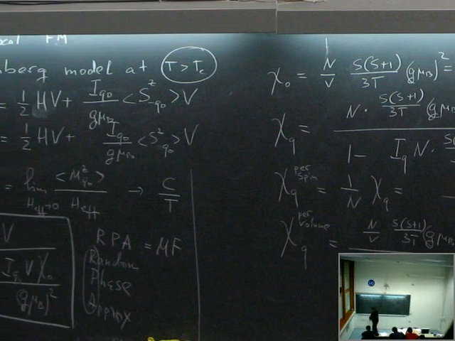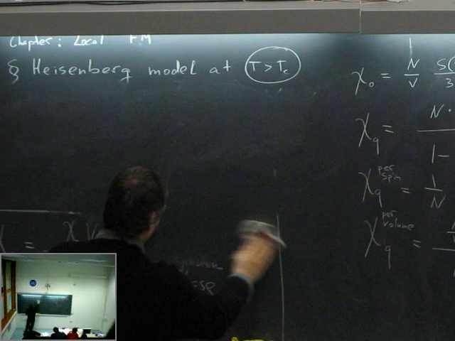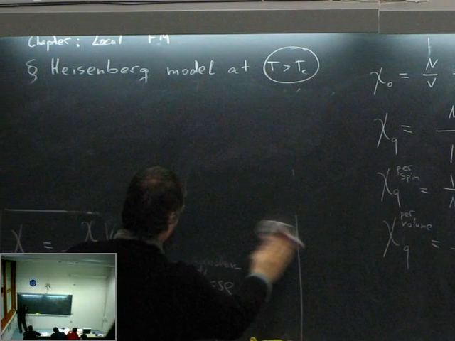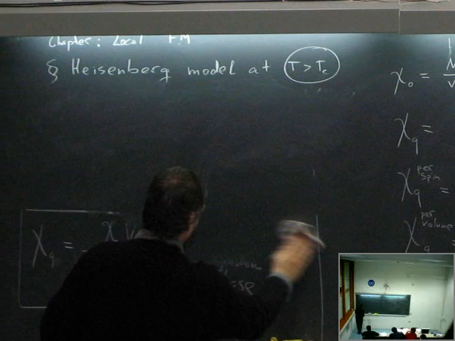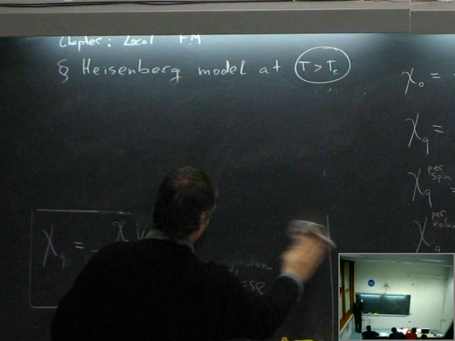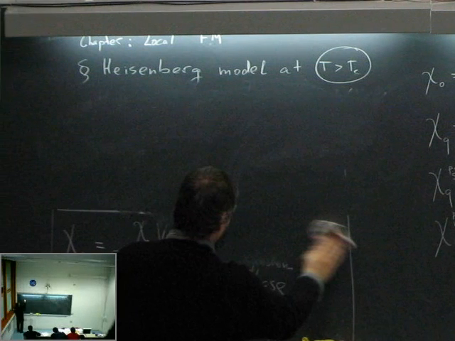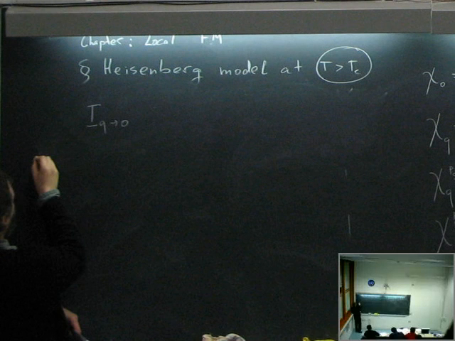Let's see how this function behaves at small q. So I q goes to 0, and q goes to 0 means that q a is much smaller than 1 in all directions. We can expand.